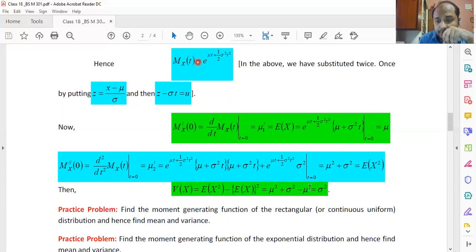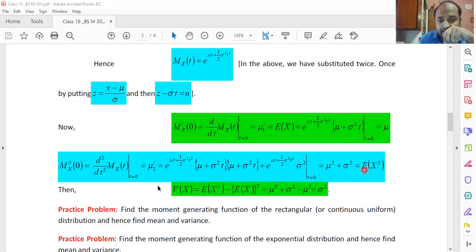After that, we are putting t equal to 0, and if I put t equal to 0 in the relevant portions, we will get mu square plus sigma square. That is the expectation of the random variable squared.